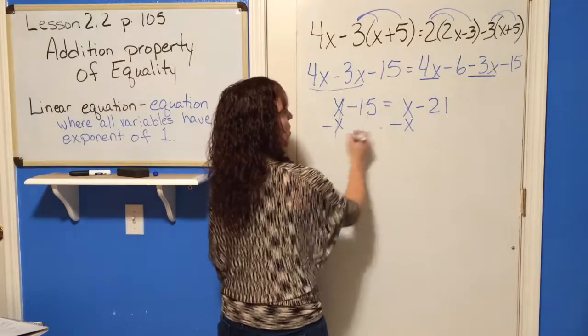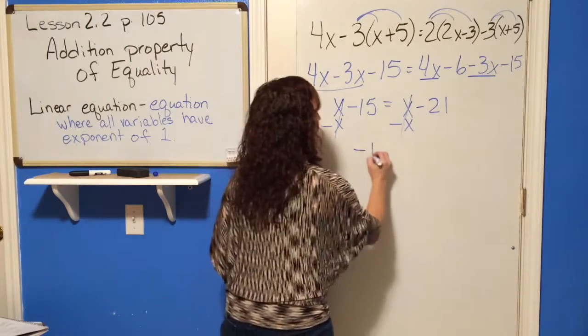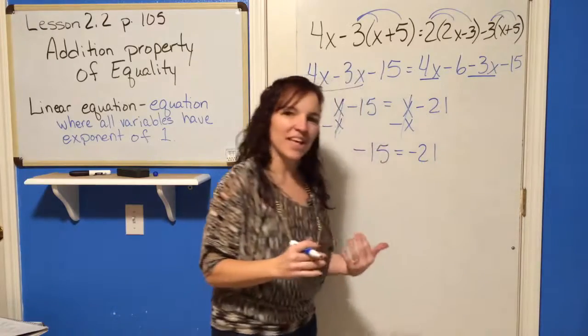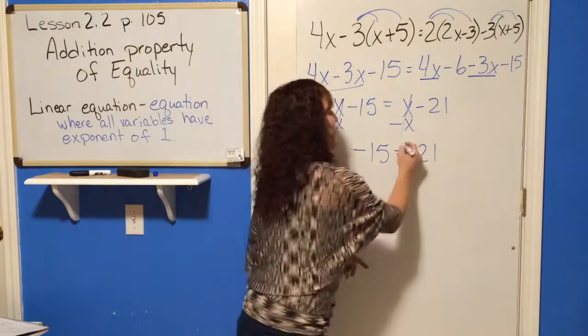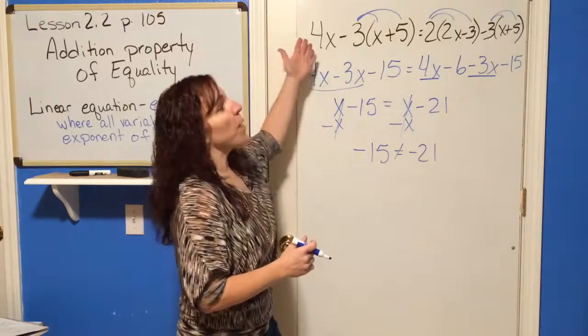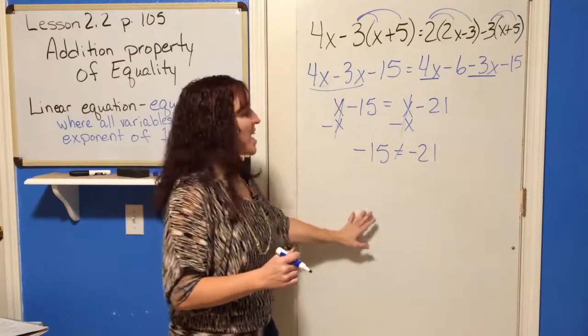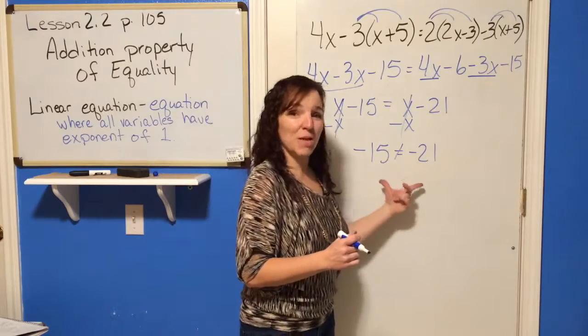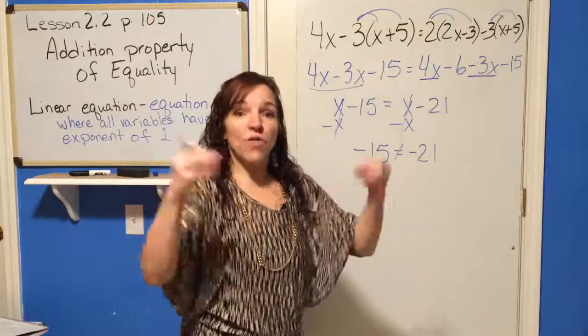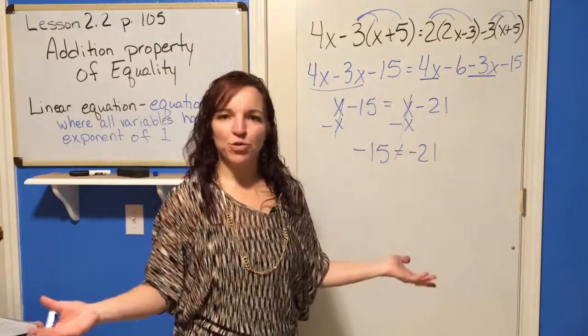Oh, wait a minute. Negative 15 equals negative 21. It's kind of like what we just did, but negative 15 is not equal to negative 21. This type of problem, if you work it and you get down to an untrue statement, means that no matter what you put in for that variable, it's never going to come out true.